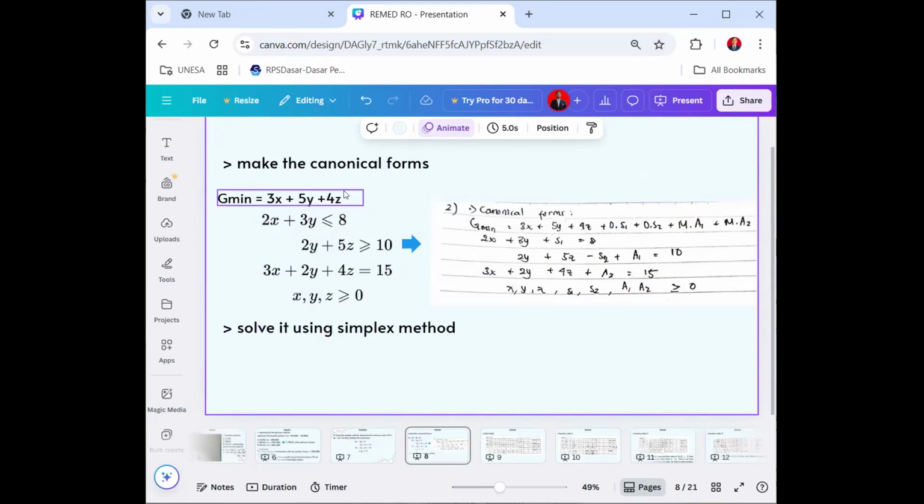Since this problem is minimization, the value of the artificial variable is positive big M here. And after we make the canonical form, we just need to solve it using the simplex method.